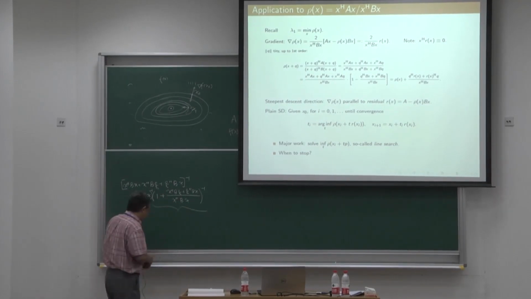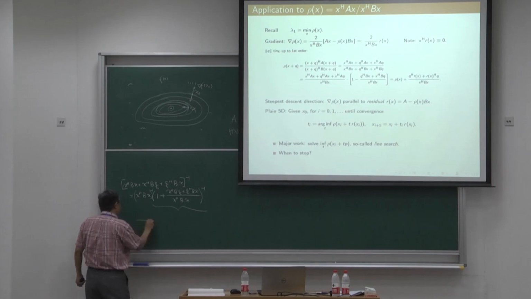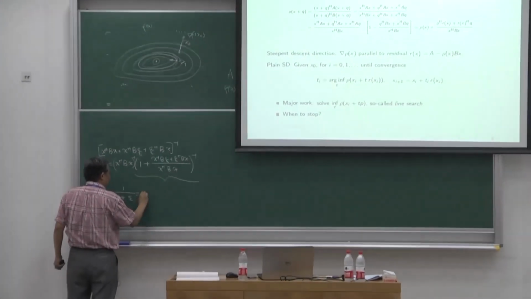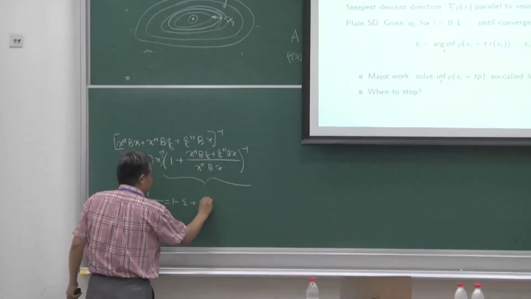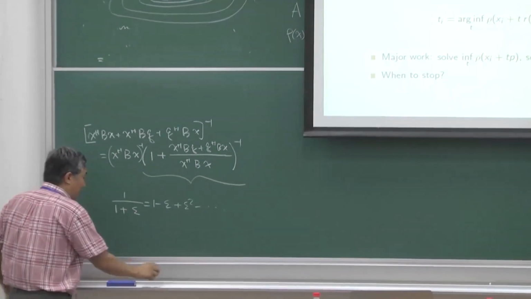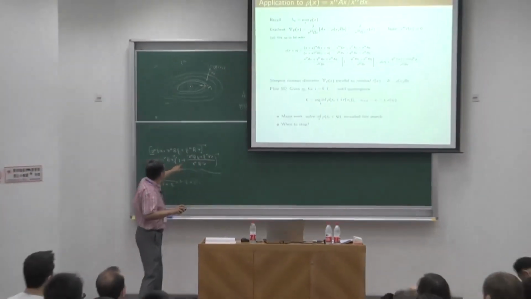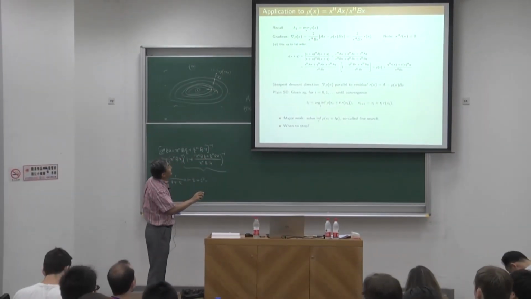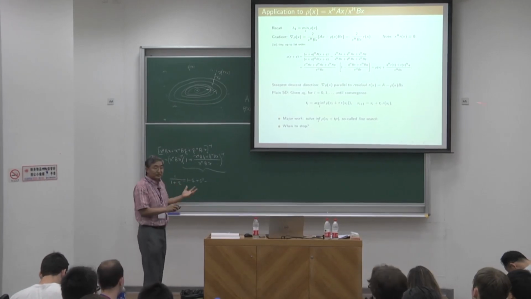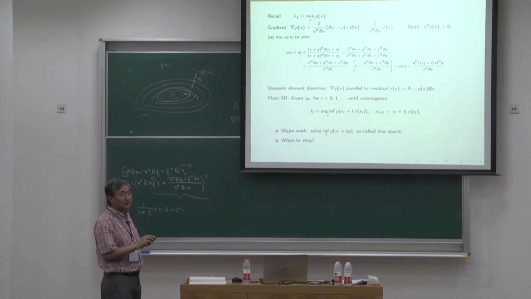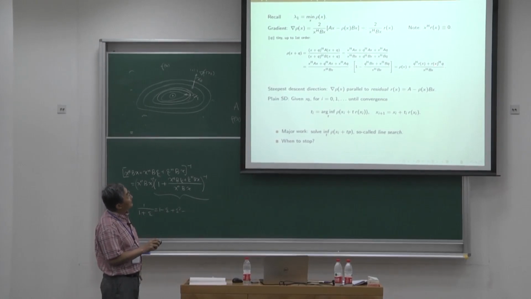Then you drop the high order term. That's why you see 1 minus this thing right there, and you combine. Now it's simple algebraic manipulation, and it becomes rho x, the constant term, then the linear term.